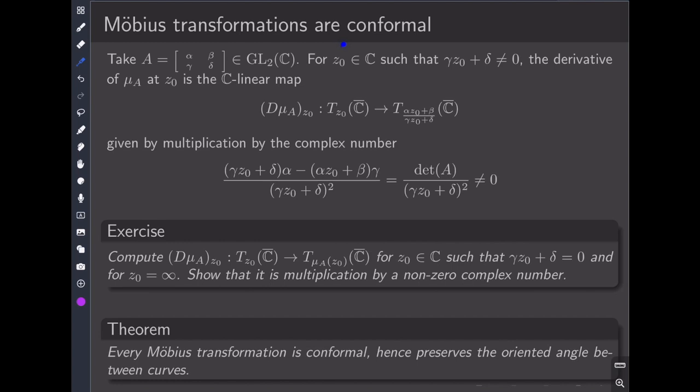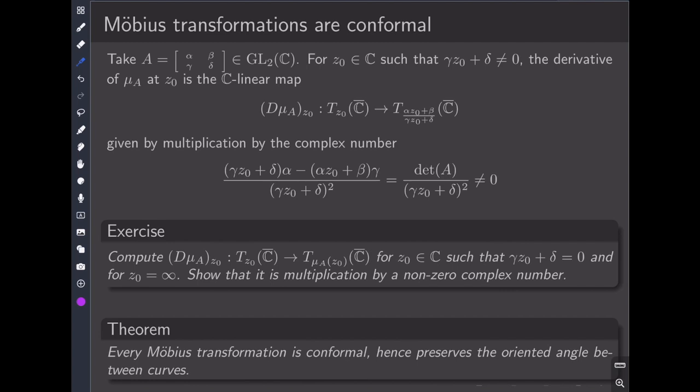So it's conformal. Yeah, and then one can play around to see, okay, what happens in the two special points you have not analyzed here, namely infinity or where the denominator is 0. That's an easy exercise. Like even what I said here is just an easy exercise.